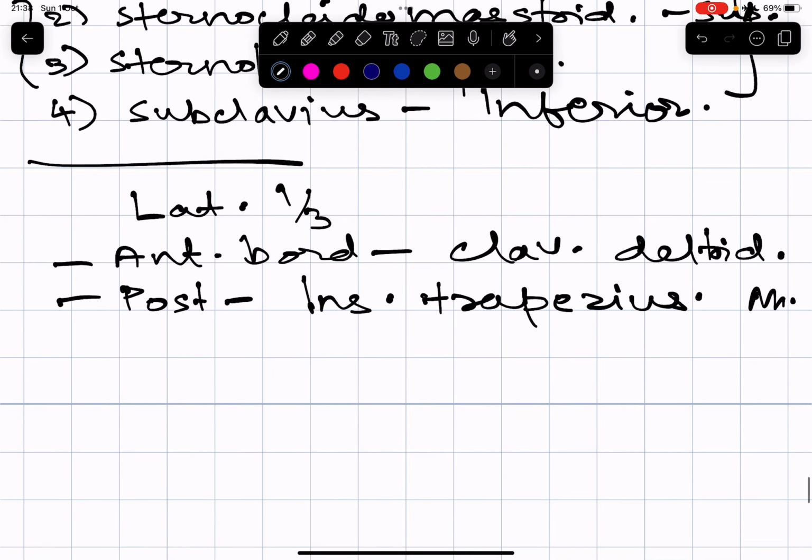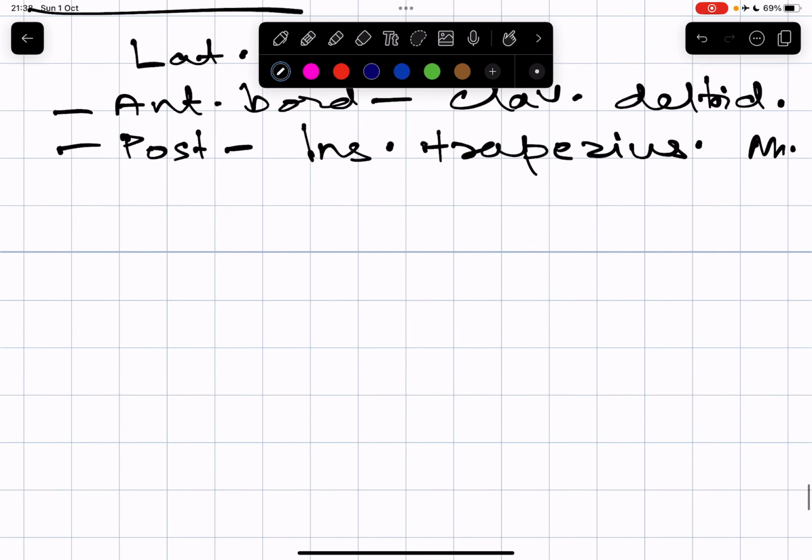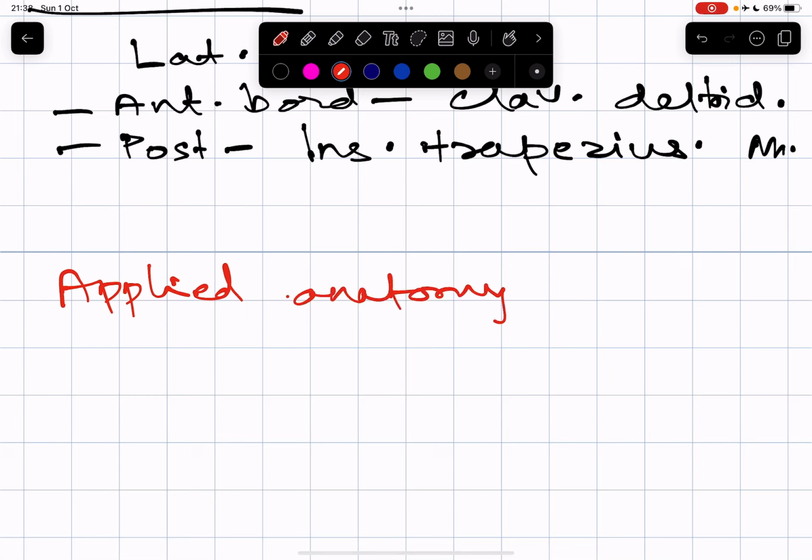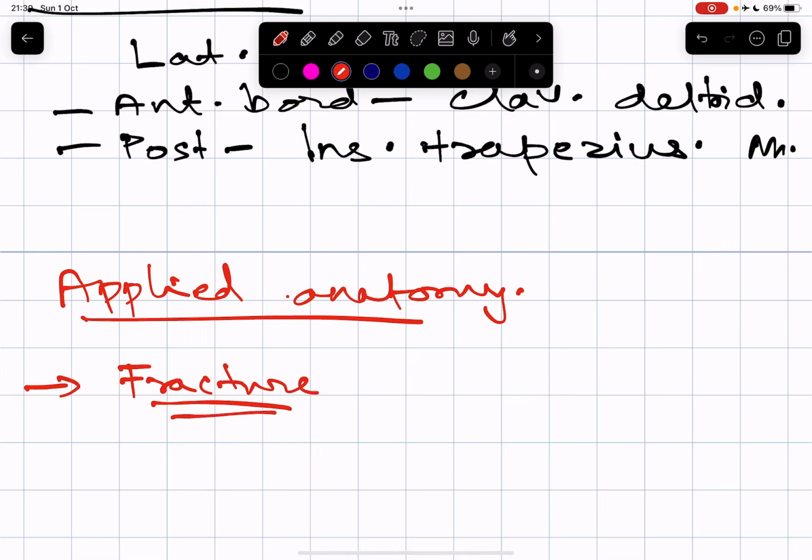Now, which is the weakest point of the clavicle? So coming to the applied anatomy of the clavicle, we have to discuss the fracture of the clavicle. The clavicle actually undergoes a fracture at the junction between the medial two-third and the lateral one-third, because the curvature changes here.